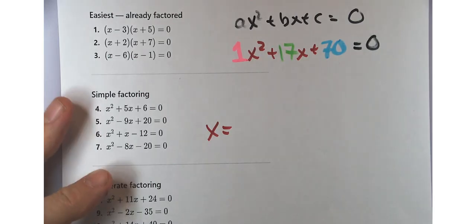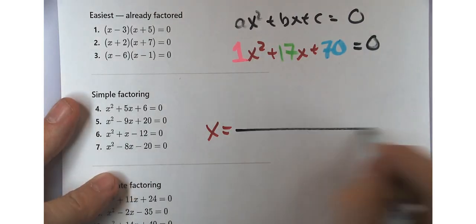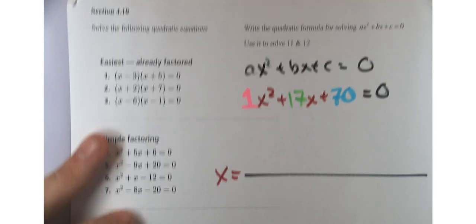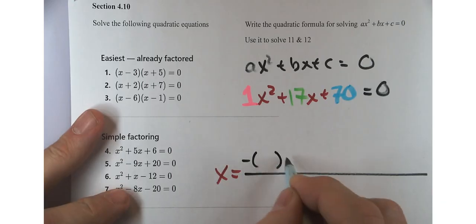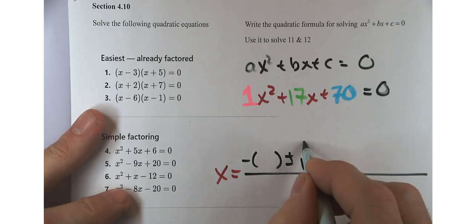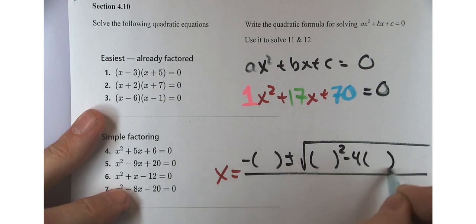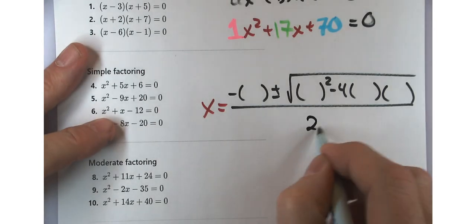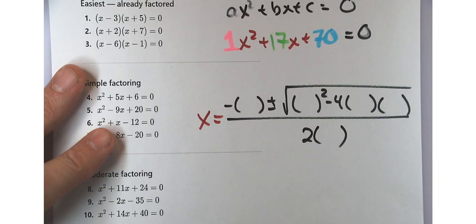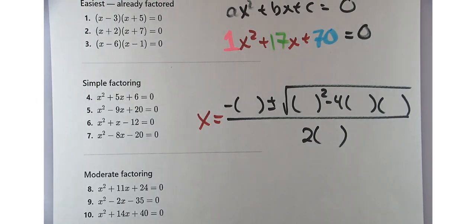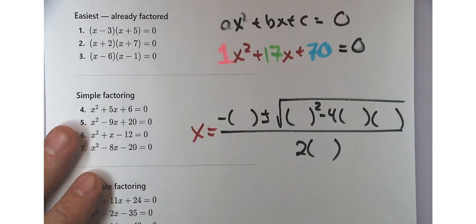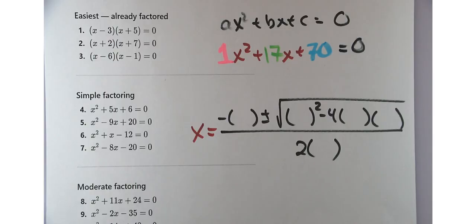So let's fill in kind of a blank quadratic formula. It's going to be negative b plus or minus the square root of b squared minus 4 times a times c, over 2 times a. Now what are your 2 free points on the exam? What are you going to do for me? Yeah, you're going to write down the quadratic formula.